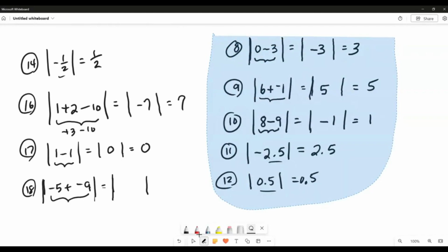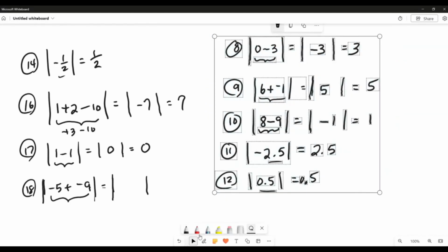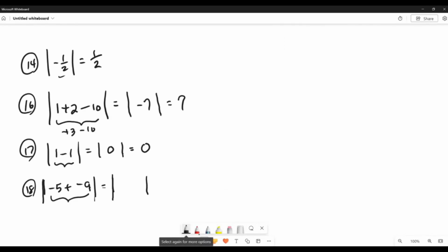So we're cleaning up the inside first. -5 plus a -9 is -14, correct. -5, -9 is -14. Now we can take the absolute value and we get +14.